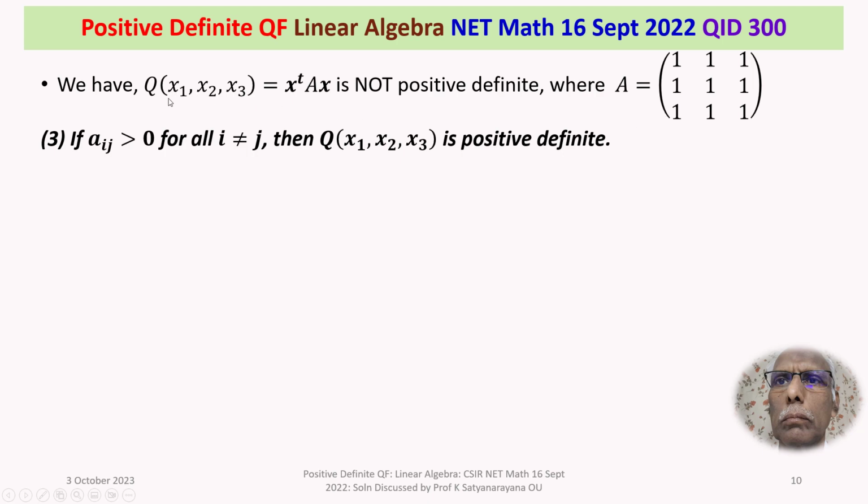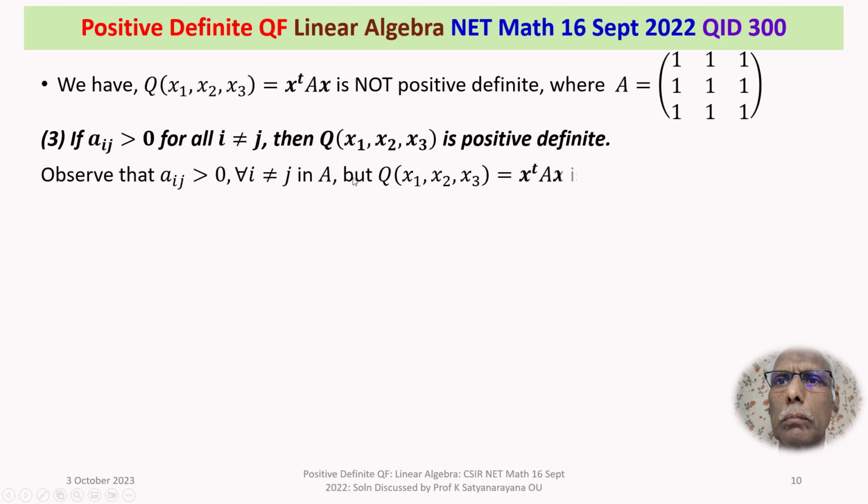But the quadratic form corresponding to this matrix is not positive definite. We have not arrived at the conclusion. Therefore, option 3 is not true.